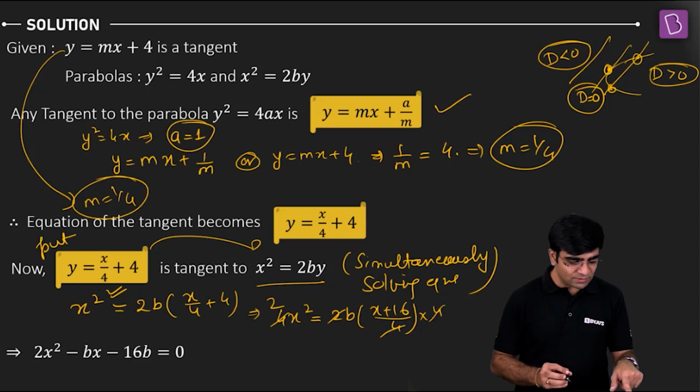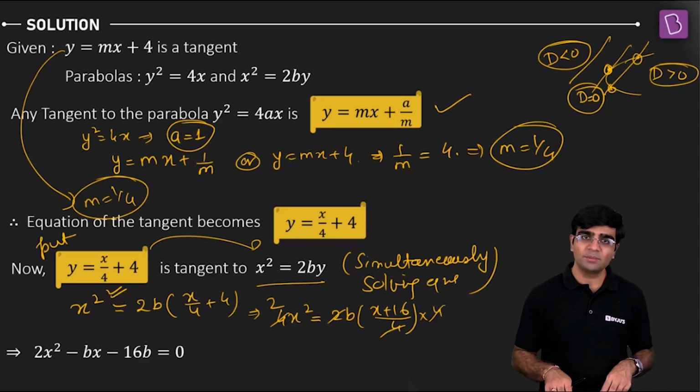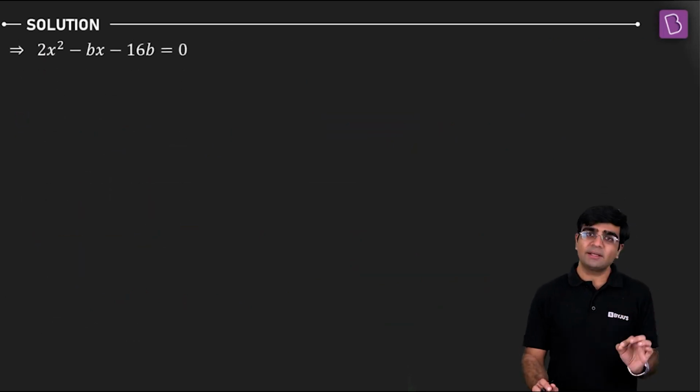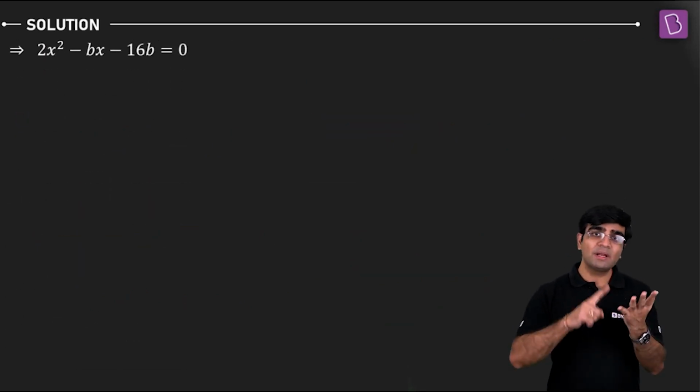So we get 2x square minus bx minus 16b. Okay, so I got a quadratic by simultaneously solving the parabola and the line.